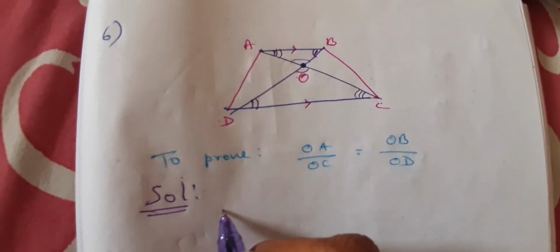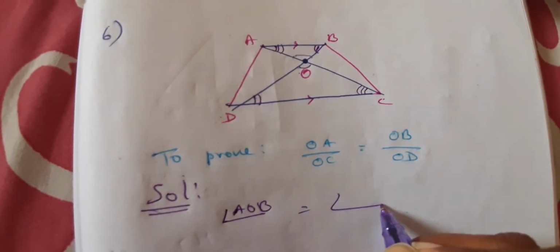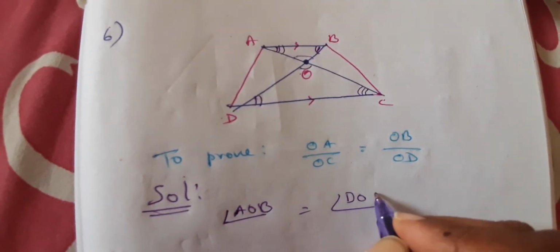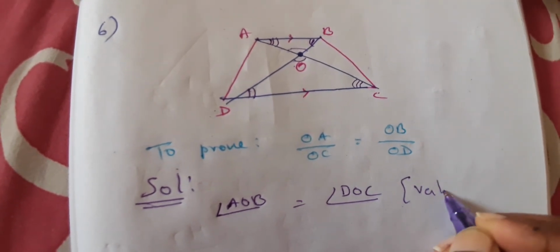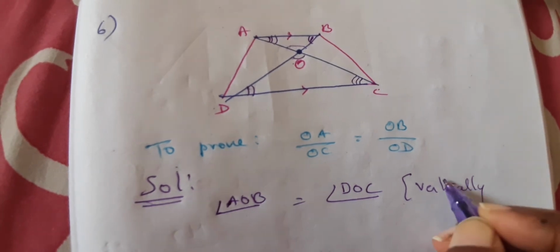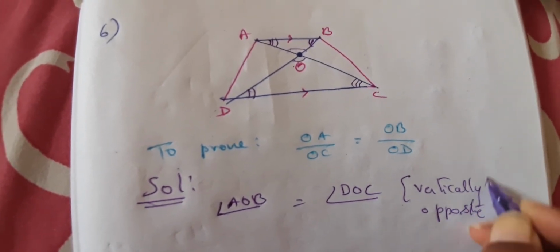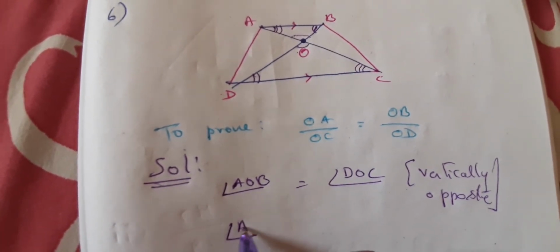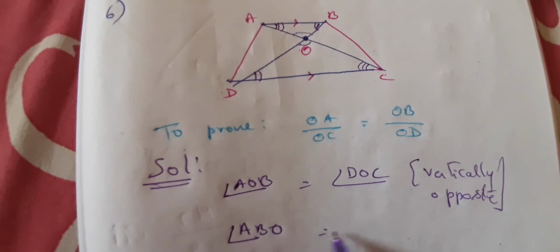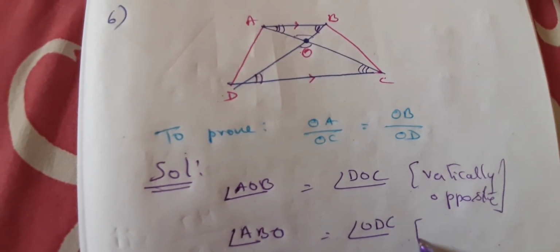So, here angles. Angle AOB is equal to angle DOC. Right? Vertically opposite angles. Very good. The next one is angle ABO is equal to angle ODC.